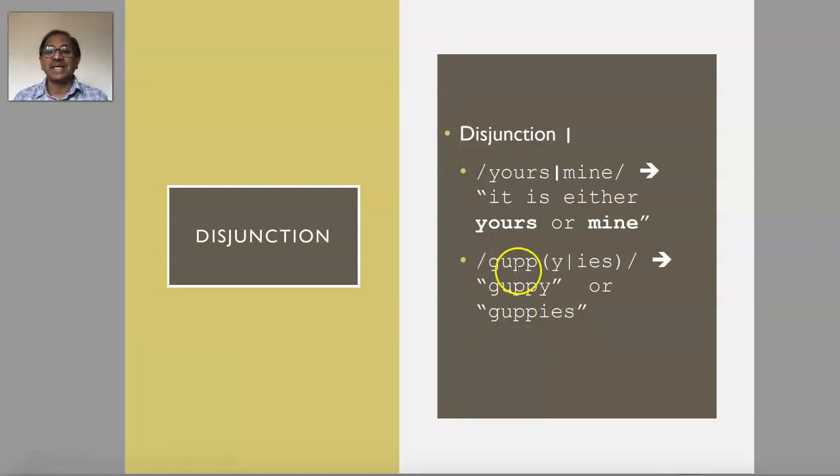Then you can say gup and group them, right? In the group, you say either this string has only one character, or this string which has 3 characters. So this regular expression, gup in parenthesis Y, pipe and IES, will match with any of these two, guppy or guppies.